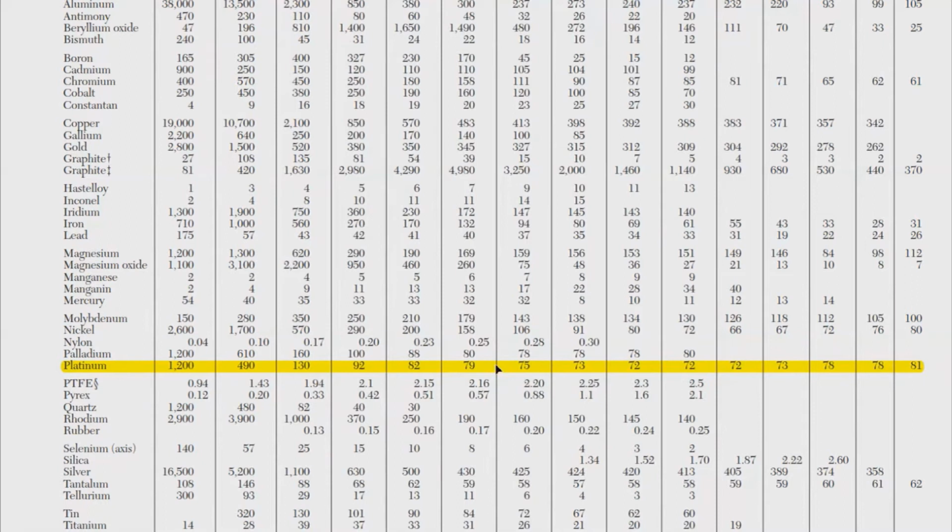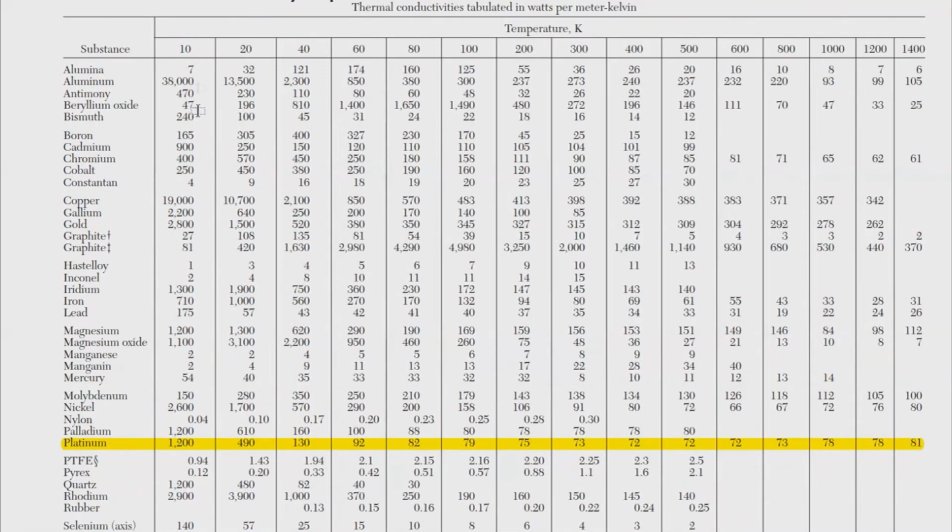Platinum, at low temperature, is high, because these are metals, good conductors, no? But if we notice, around 200, 300, and 400, up until 1,000, it stabilizes to 79 to 78.